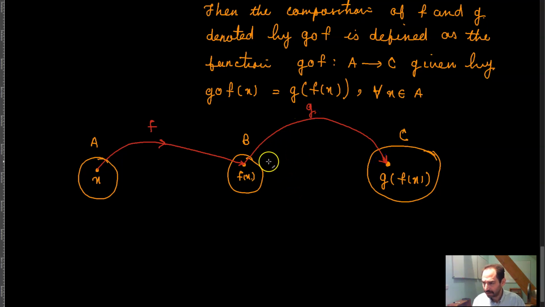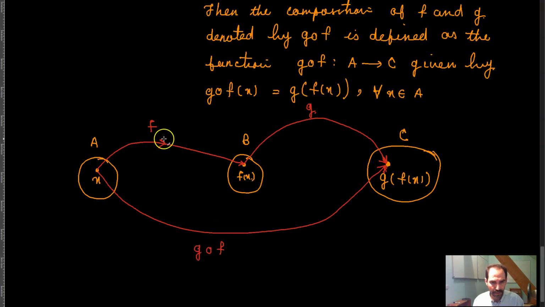And so you can say that the composition of these two functions f and g would be g of f of x, which is g o f. So that is g of f of x. Okay, right.